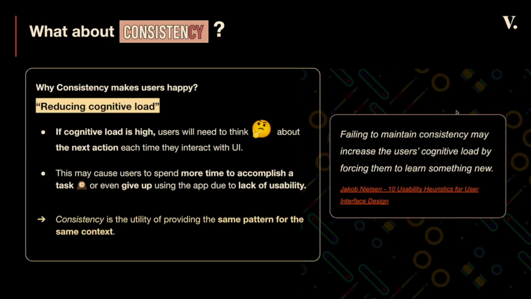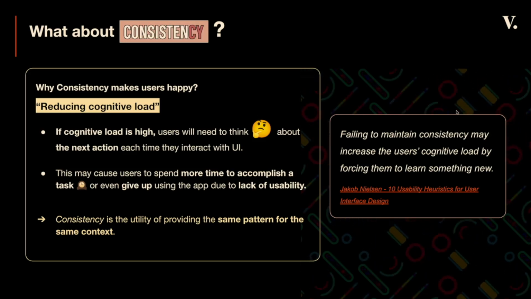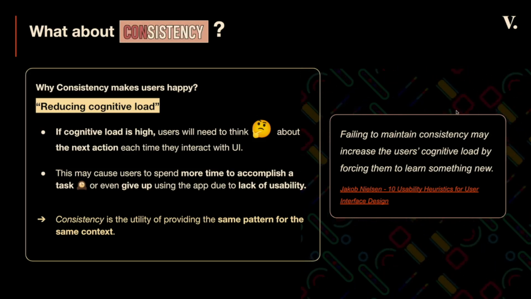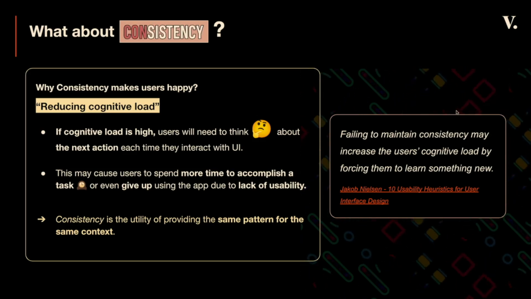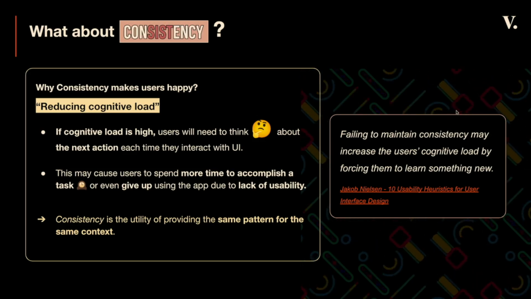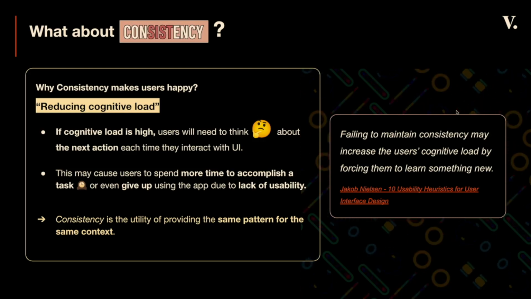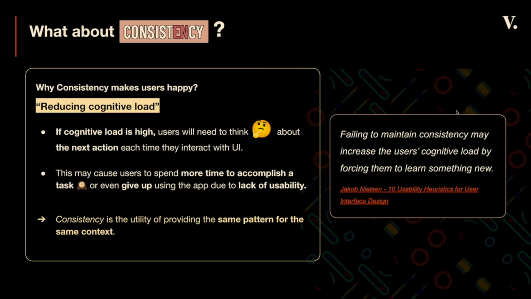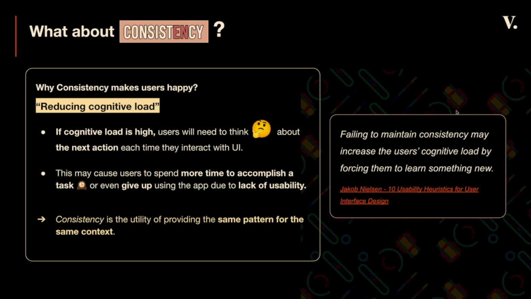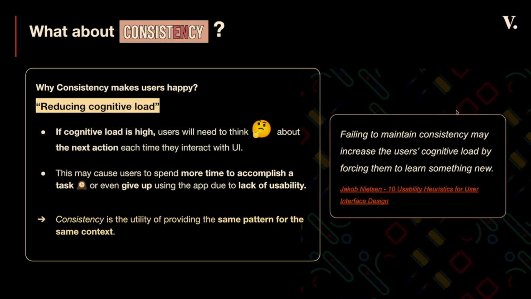So now about consistency. Not guaranteeing good consistency can make a design system fail. So what is it? Why is it needed, and how does consistency make users happy? Simply because it reduces the cognitive load. Users don't like to think to take actions. That's why reusing patterns in the app is good for them. For example, everyone is used to closing a dialog from the top right corner.